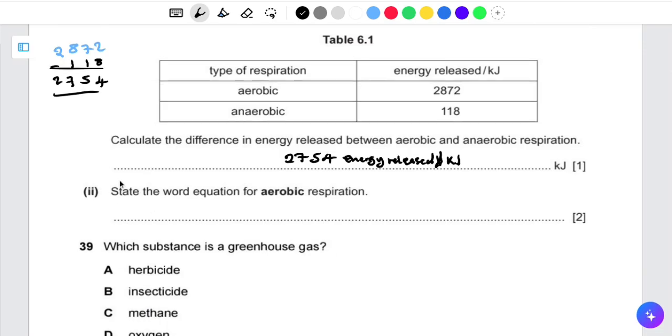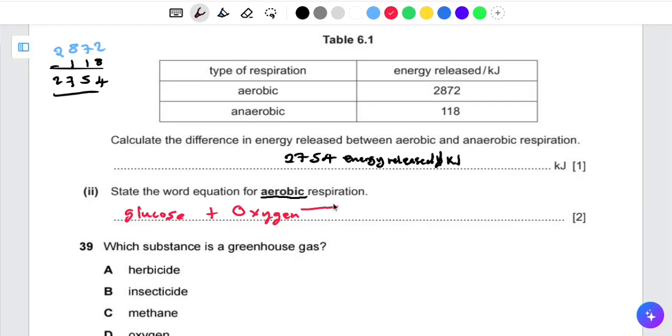And then Roman numeral 2 says to write the word equation for aerobic respiration. So it is saying aerobic respiration, not anaerobic respiration. For the word equation for aerobic respiration, what should you have? You need to have glucose first. When glucose is available, what other item do you need? You need oxygen for aerobic respiration.